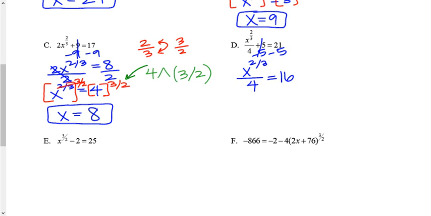Now, to get rid of that 4 under x to the 2/3, that's a division problem on the left. And so to undo division, I'm going to multiply by 4 on both sides. So that will cancel, and I end up with just x to the power of 2/3 equals 16 times 4, which is 64.